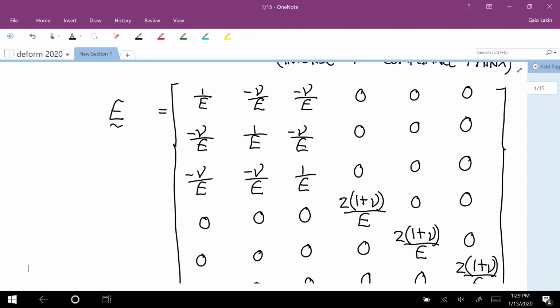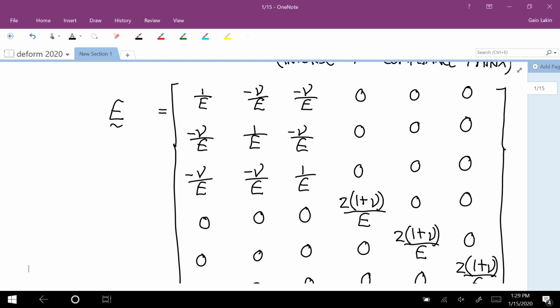And so in the worst possible case, you'd have to do 36 tests on a piece of steel to figure out how to fill in these 36 values. And it's not even super clear what those tests would be, you know, to mathematically be able to multiply this to the strain to get the stress, right?